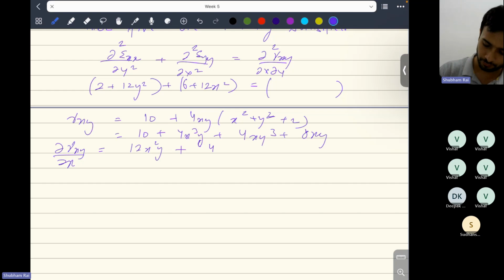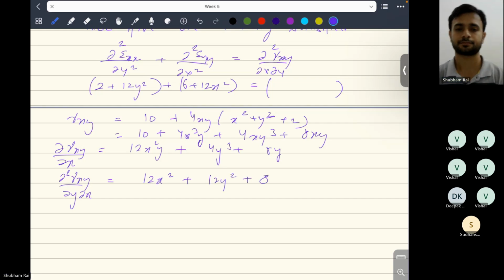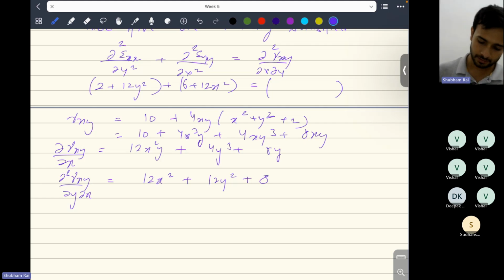So here you will have 4y³. You will differentiate again, ∂y∂x. Now you're differentiating with respect to y, so you'll have 12x² plus 12y² plus 8. This is fine. Now if you put it here, it will go at this place.